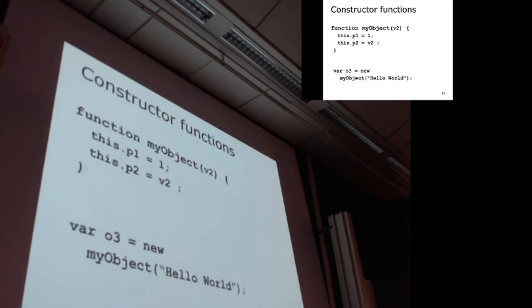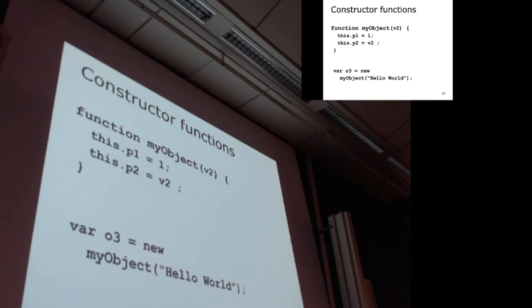And if you need to do that a lot, you can also create functions for that. If I make a function MyObject, then I can use this special this variable that points to the object itself. The moment I use this, the function becomes a constructor function.